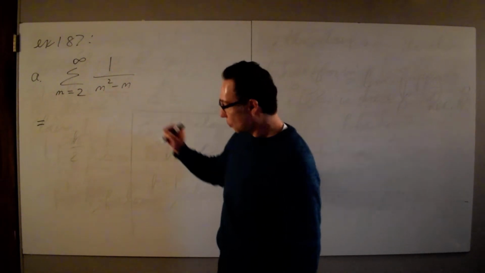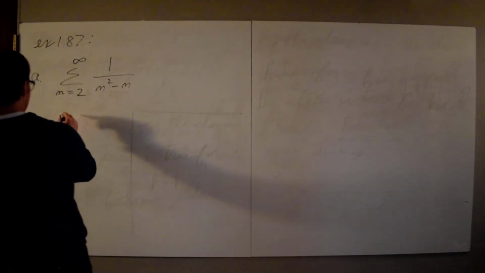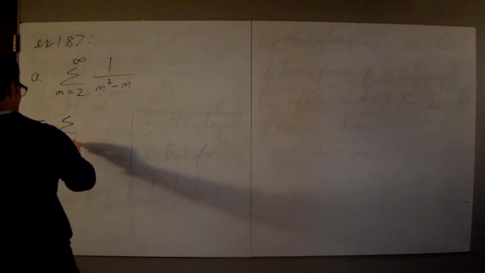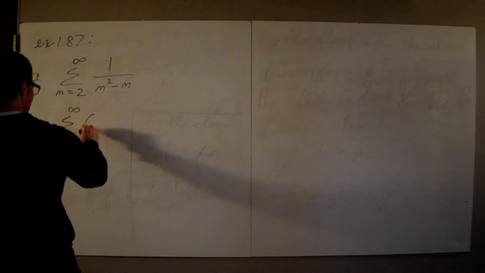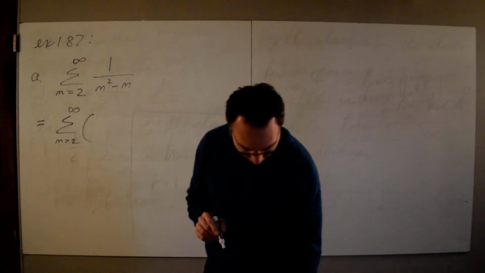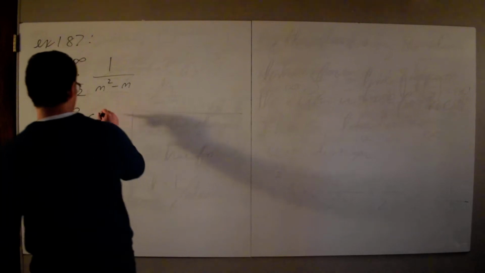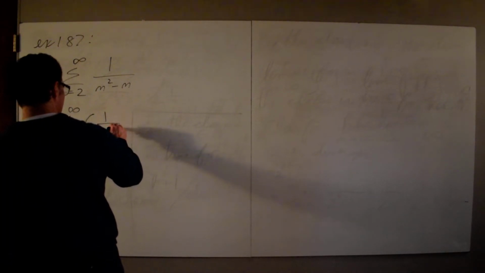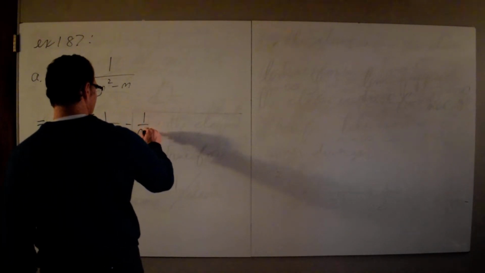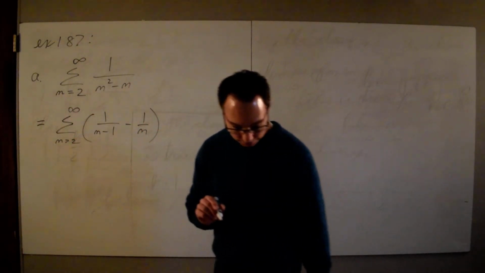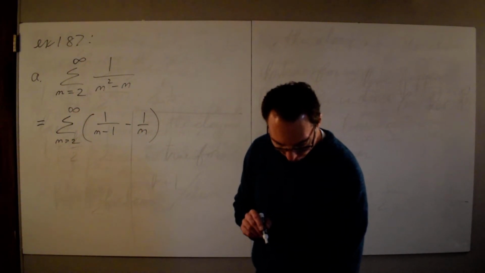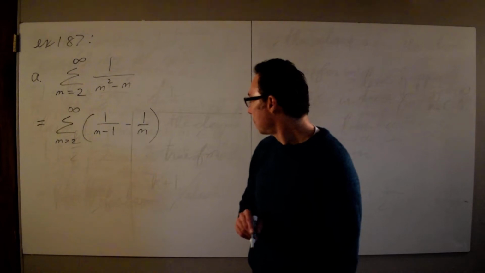We're going to do a partial fraction decomposition on this fraction. So we can rewrite that as 1 over n minus 1 minus 1 over n. So we used a partial fraction decomposition to get that.